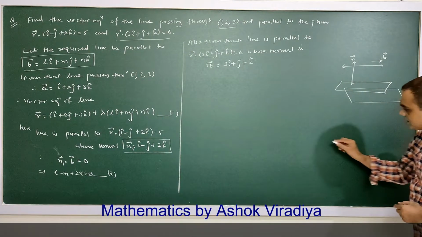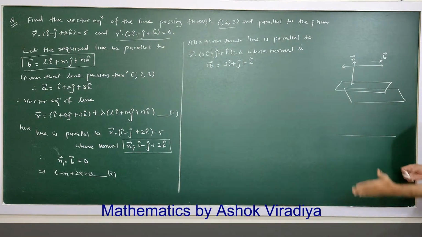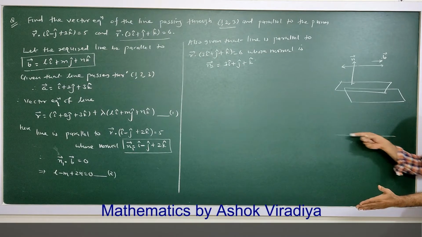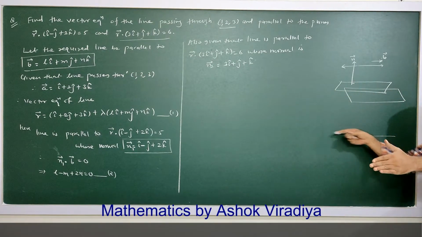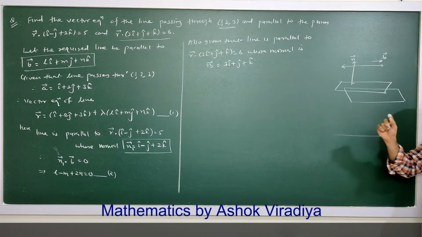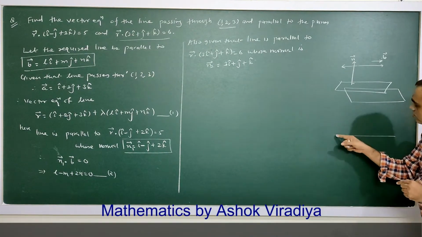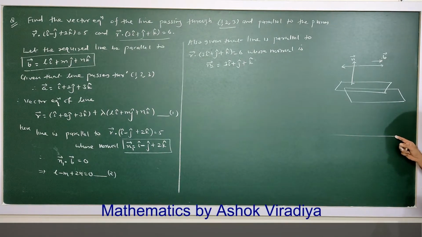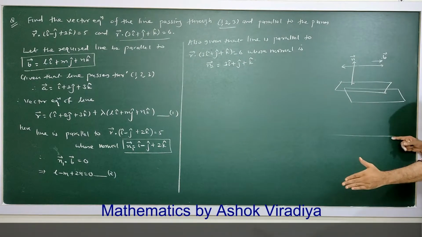So if there is a line in space, you can imagine this plane is also parallel to this line, because we are working in 3 dimensions. Imagine this line in space. This plane is parallel to this line.